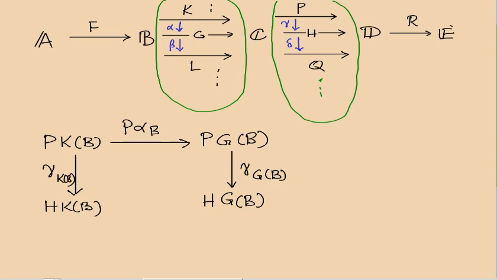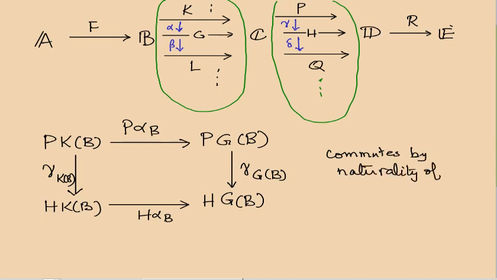And then from KB to GB, I was going by alpha, I take this image under H. So by the naturality of gamma, this diagram commutes.